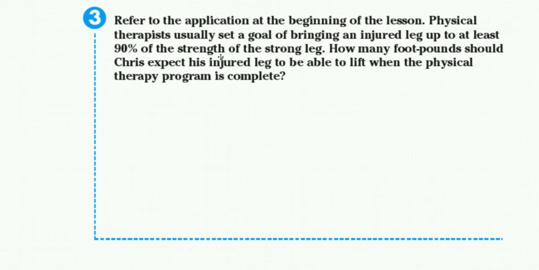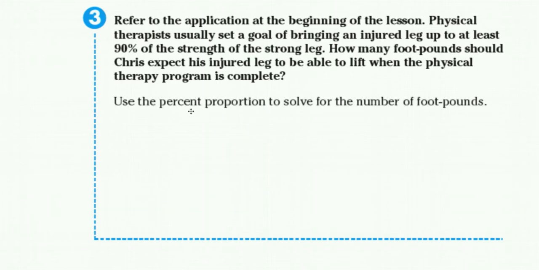Physical therapists usually set a goal of bringing an injured leg up to at least 90% of the strength of the strong leg. How many foot-pounds should Chris expect his injured leg to be able to lift when the physical therapy program is complete? So for the program to be complete, the strength of his leg should be 90% of the strong leg. Just like what we did with Miss Harper, we use the percent proportion to solve for the number of foot-pounds.